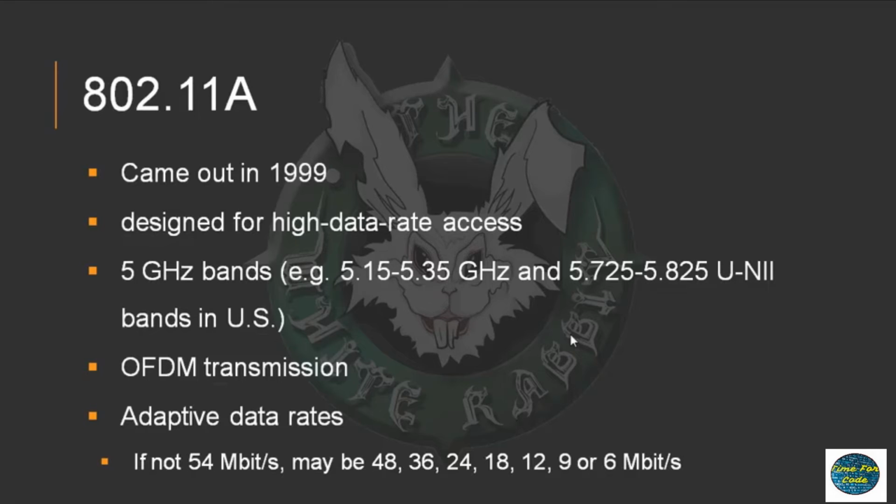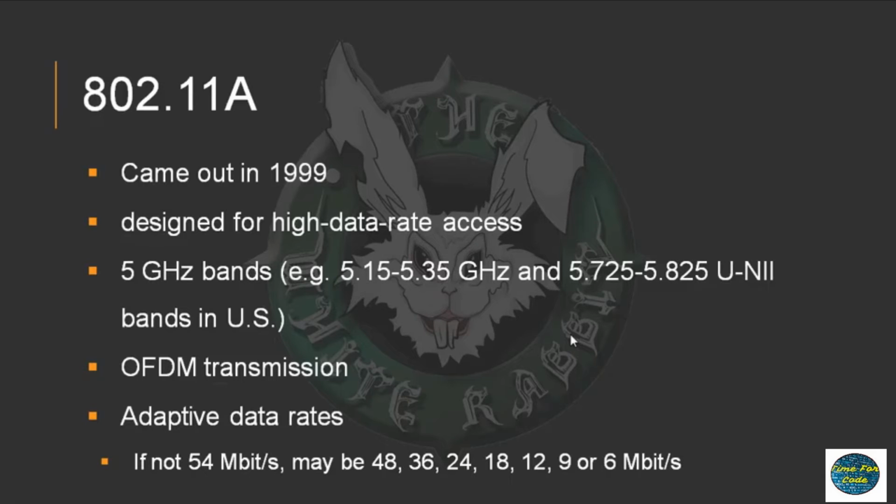There are pros and cons of using 2.4 GHz versus 5 GHz. 5 GHz propagation is not as good, so the signals do not propagate as far. But 802.11a has the benefit of operating in a less cluttered band, because in 2.4 GHz you can find lots of other transmitters there, other systems.